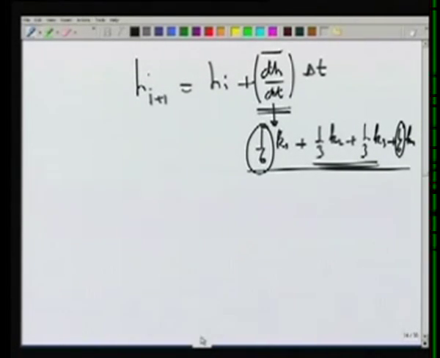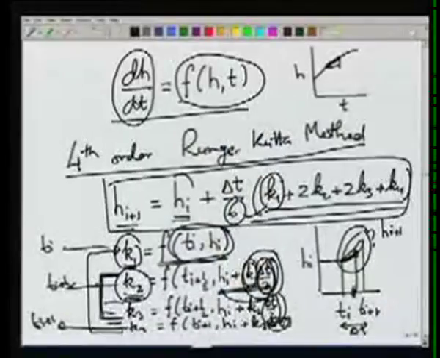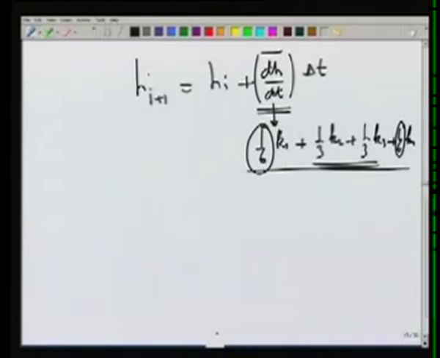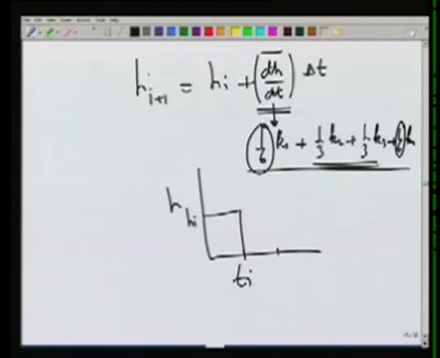So using this equation, starting from a known value of hi, we can estimate what will be hi plus 1 at the end of that time period delta t, and then we can proceed from a known value of ti and hi, taking this delta t, ti plus 1.